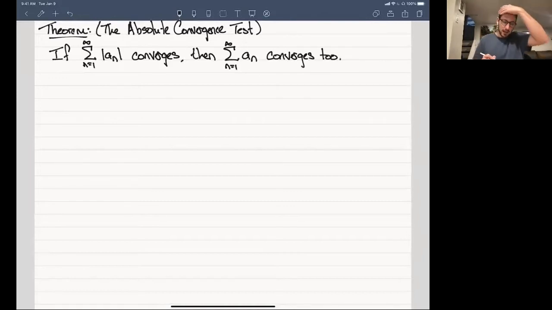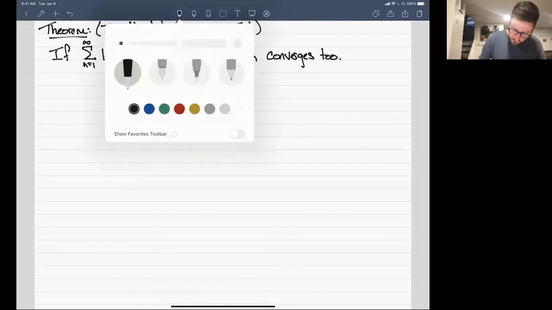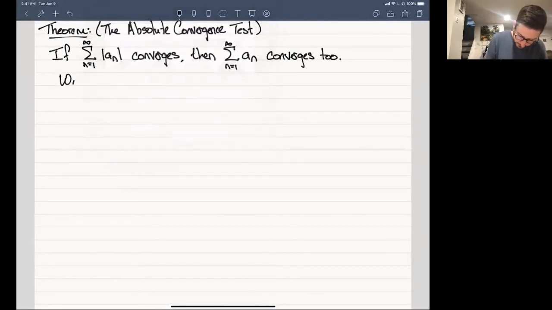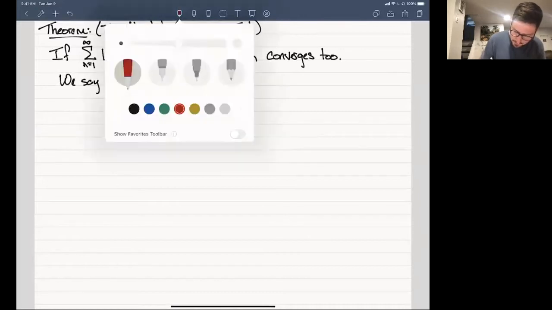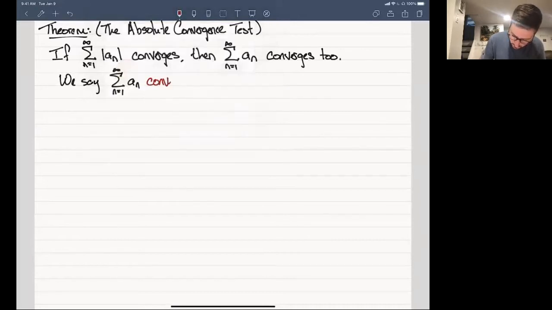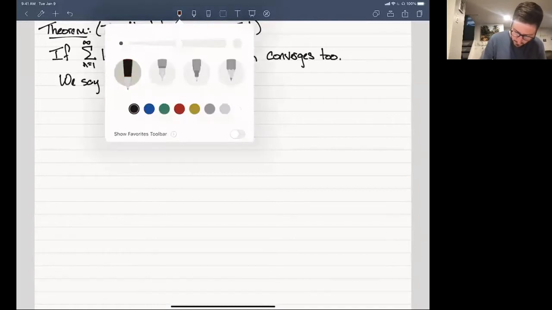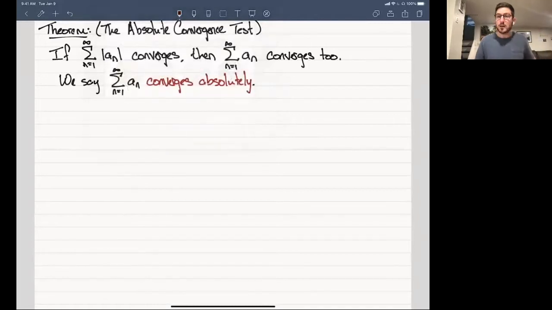And in this case, we say that this sum of the a_n converges absolutely. And that is from the fact that the sum of absolute values, that's the absolutely part here, is convergent, okay?